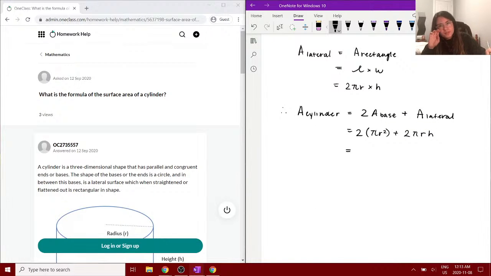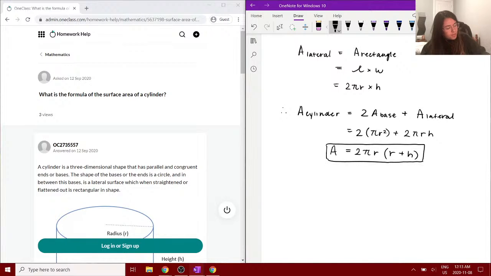Now that we have this, all we have to do really is simplify. You can take out a 2, take out a pi, and take out an r, and you get r plus h. So we can say that the area is this.